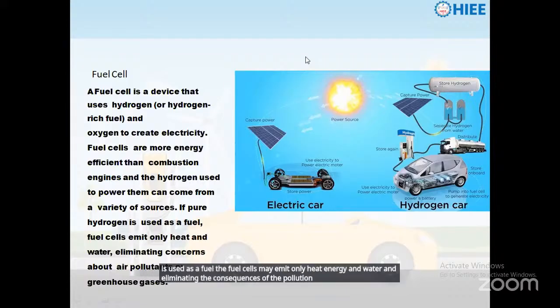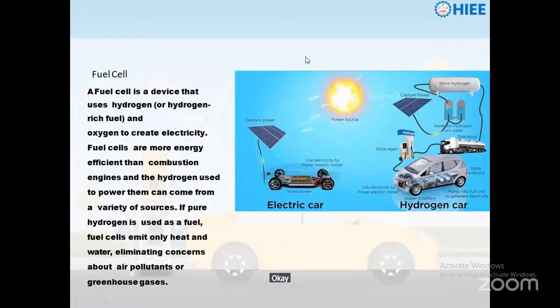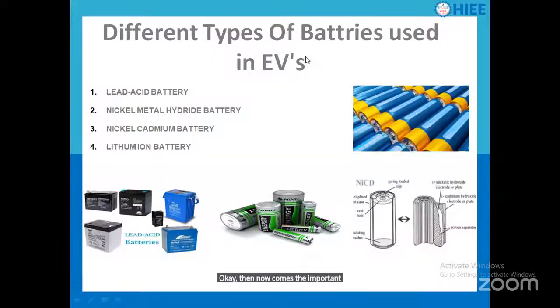This is also one of the technologies people are now looking at, because along with EV and PV, we can also focus on the fuel cell. Then comes the important part of our electric vehicle, that is our battery.